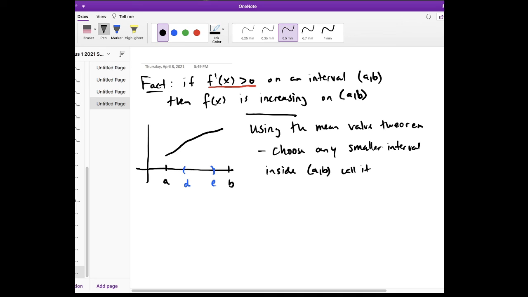We're going to call it DE. Okay, if you were to draw a line in between D and E, what do you know about the slope of that line? So this is using the mean value theorem. First of all, what is the slope of that line? Can someone tell me what the slope of that line is?